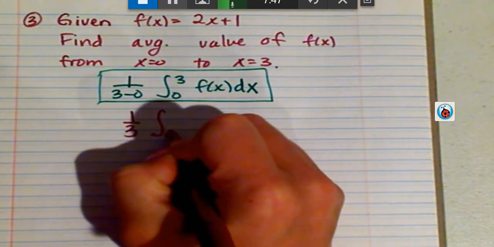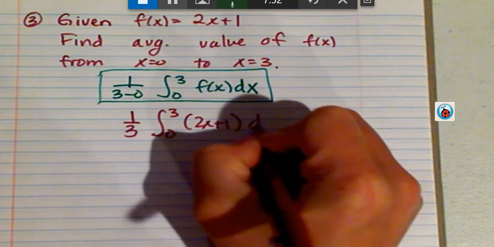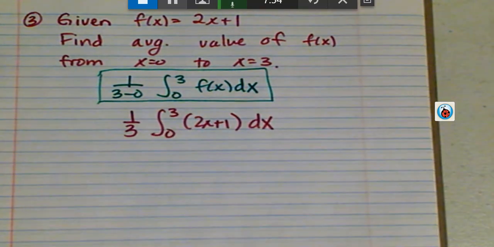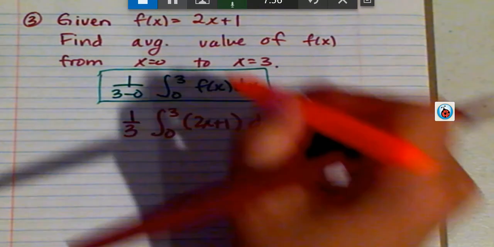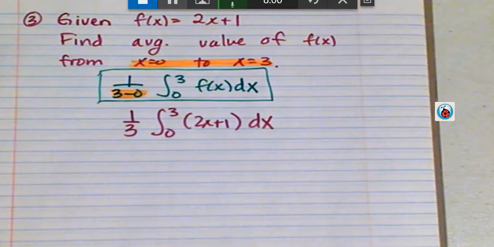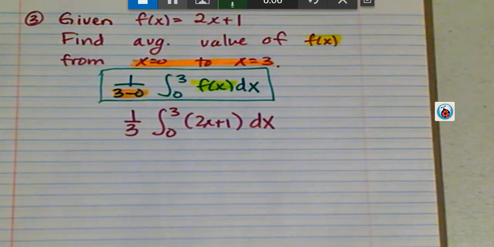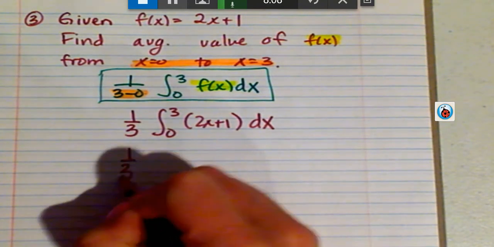So that means I need to plug in my function. I'm just going to highlight the parts here. From here to here, what do I need the average value of? The average value of f of x. How do I evaluate an integral?